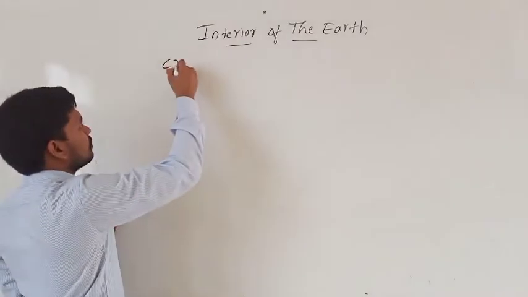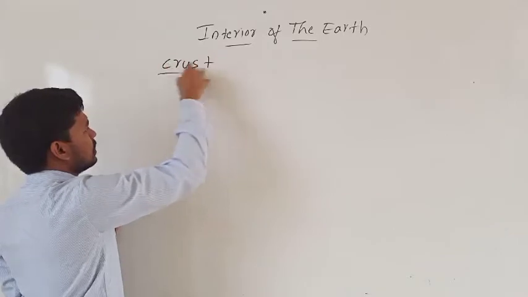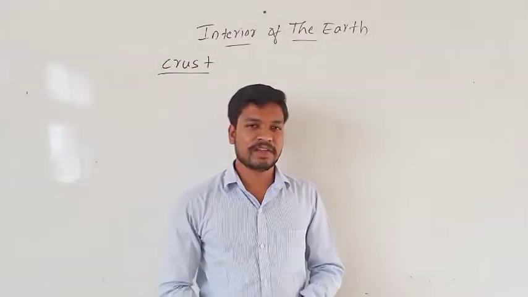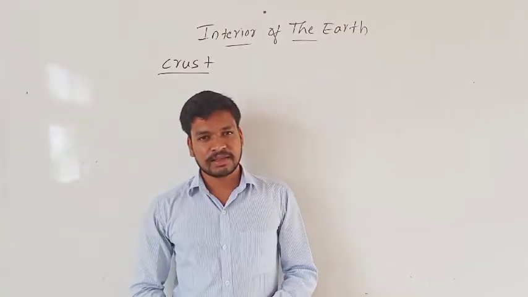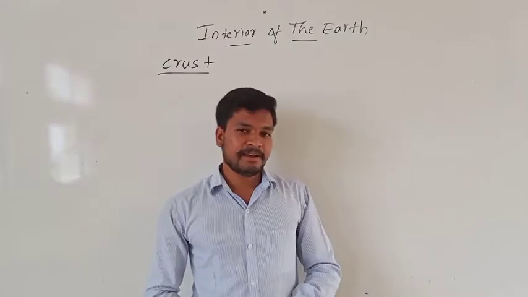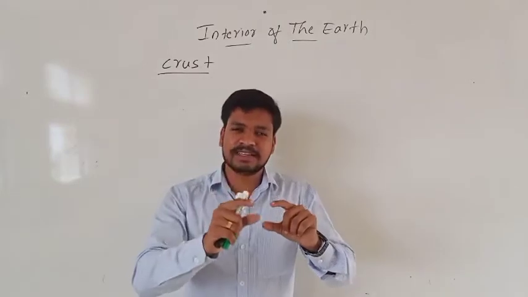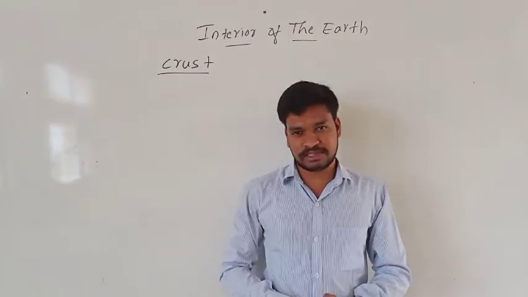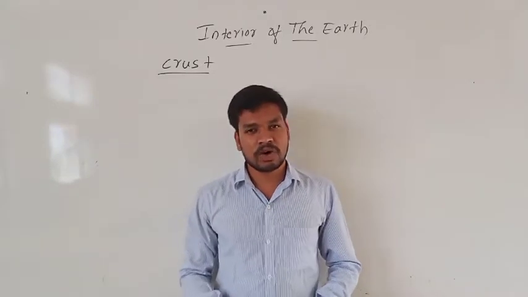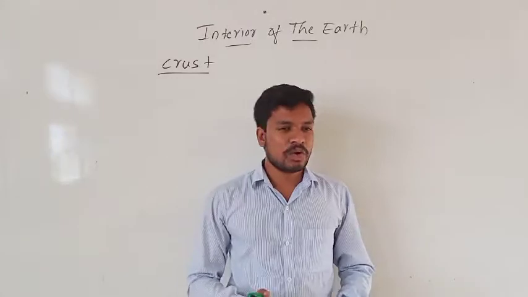In the last class we started to discuss the crust. What is crust? Crust is the outermost layer. It's a thin layer of earth. The crust is made up of rocks. Then the crust is further divided into two divisions. Two types of crust are there. What are those? Continental crust and oceanic crust.